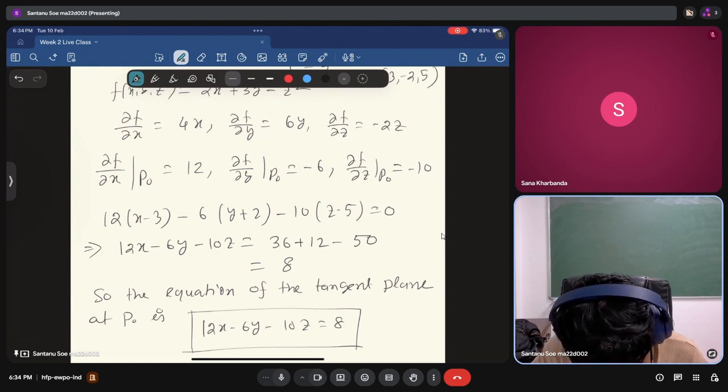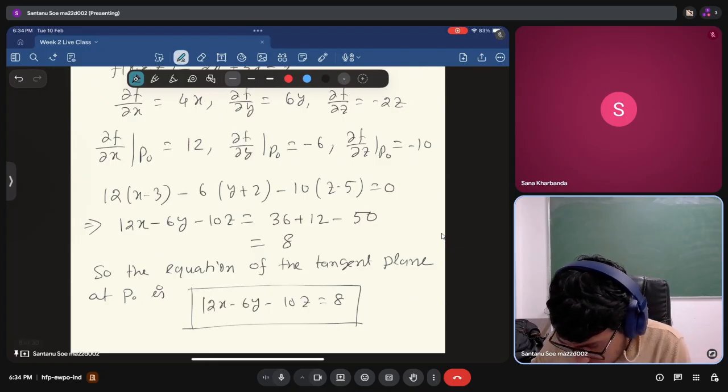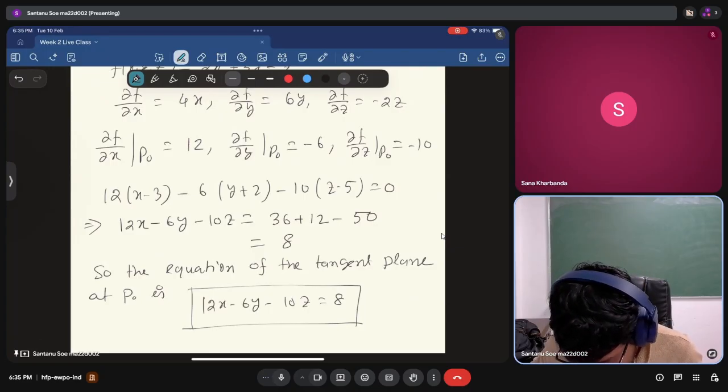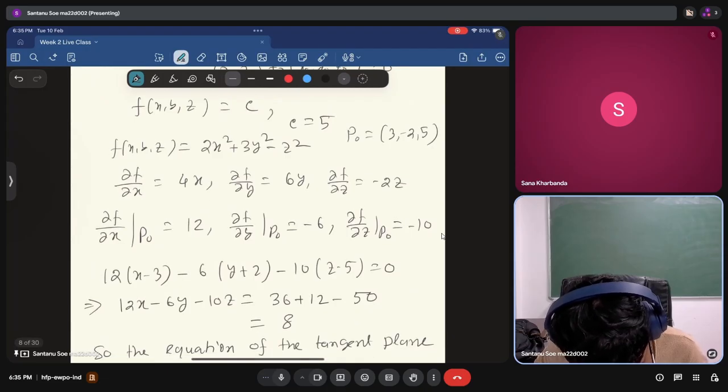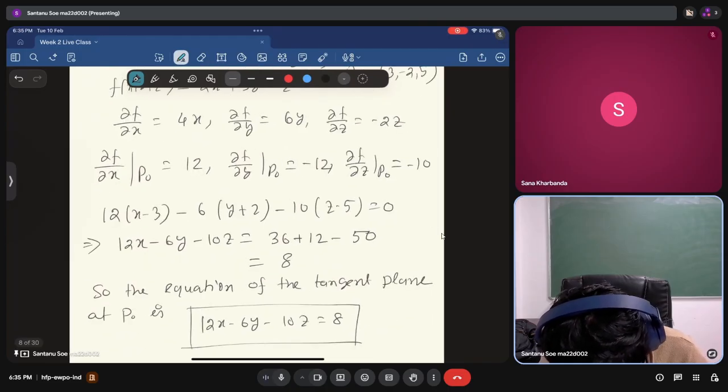So this was 12, right? This is going to be minus 12, right? Not minus 6.